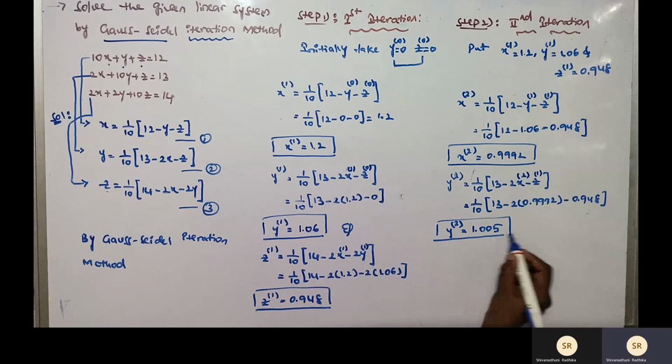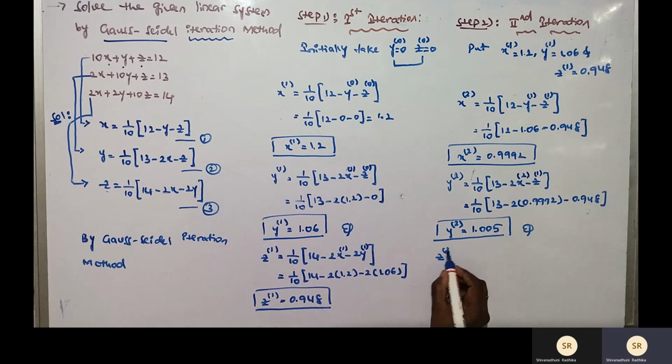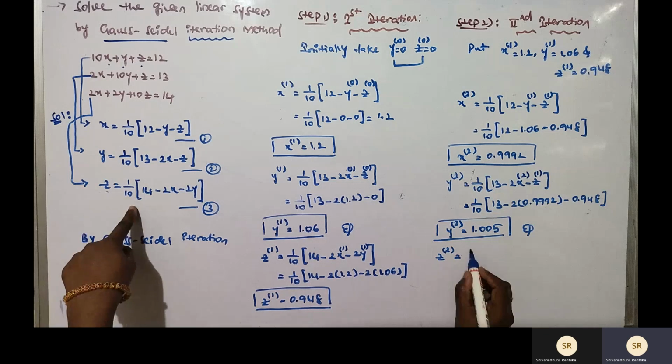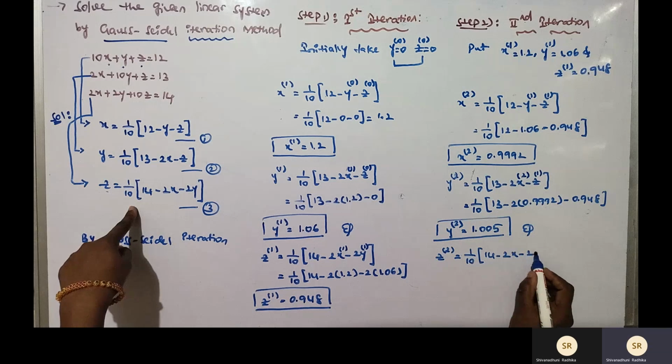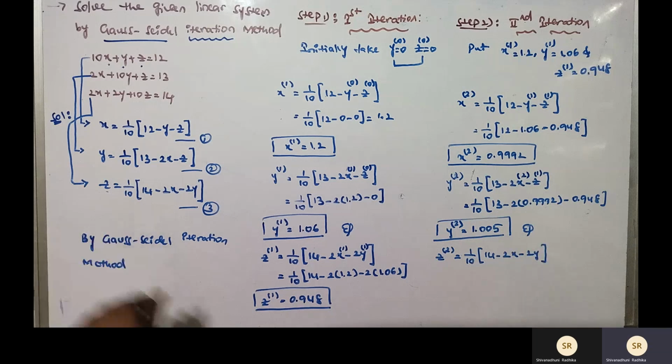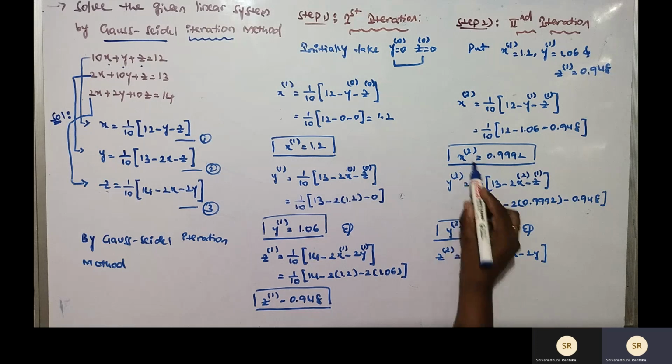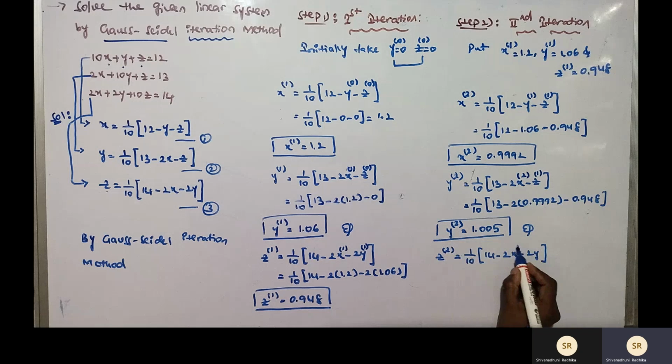Now using the calculator, I am getting the y second approximation 1.005. Finally, in the second step, we are going to find the z second approximation. Take the z equation 1 by 10 into 14 minus 2x minus 2y, with the approximations on the right side, x second approximation and y second approximation.